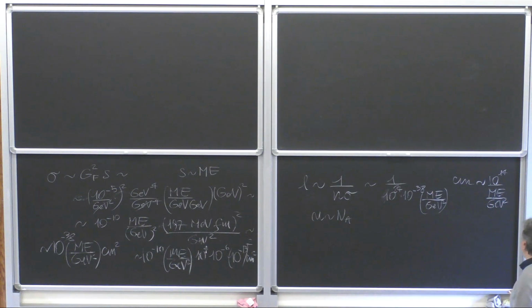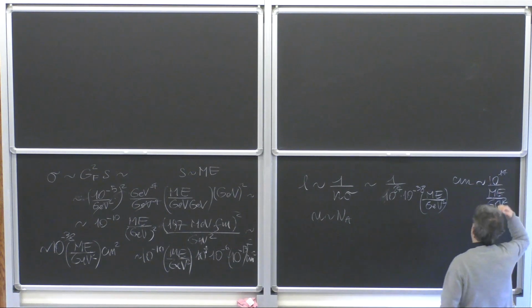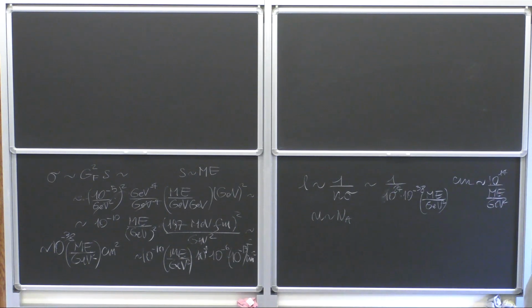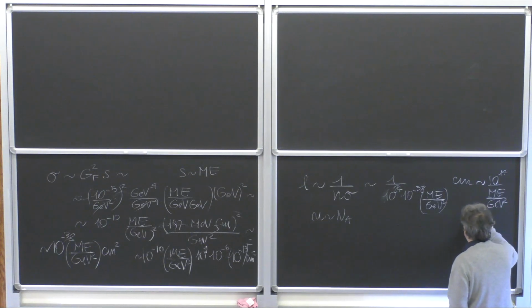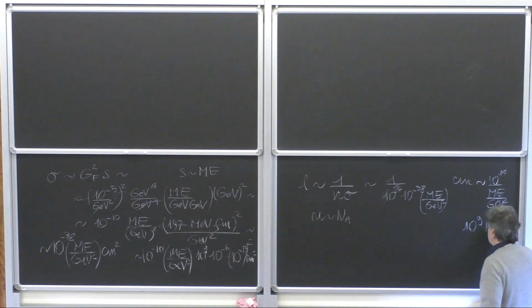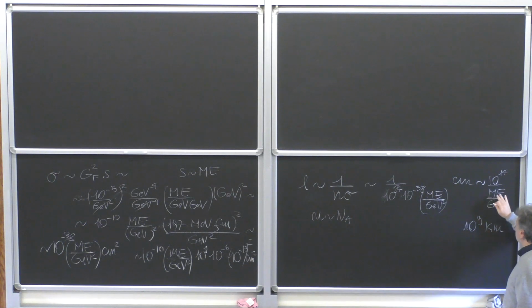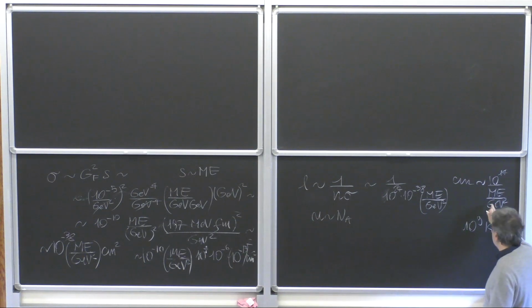So in kilometers, this would be, okay, centimeters, so 10 to the 9 kilometers when the neutrino energy is 1 GeV in the Earth. Okay, so the mass of the nucleon is 1 GeV.